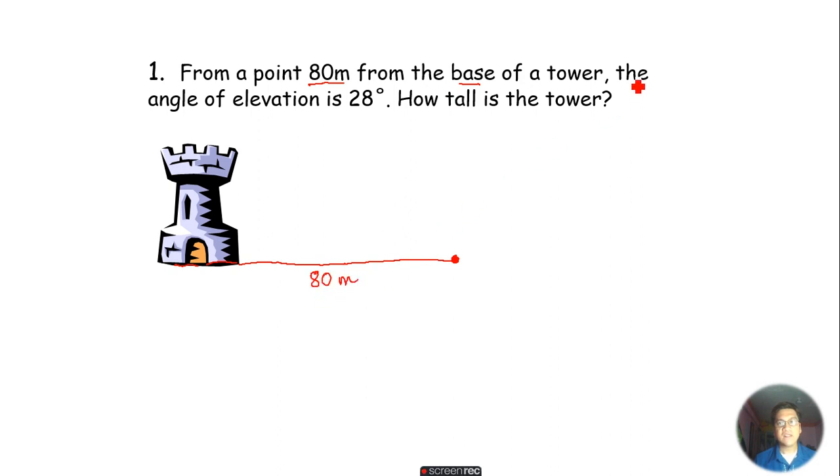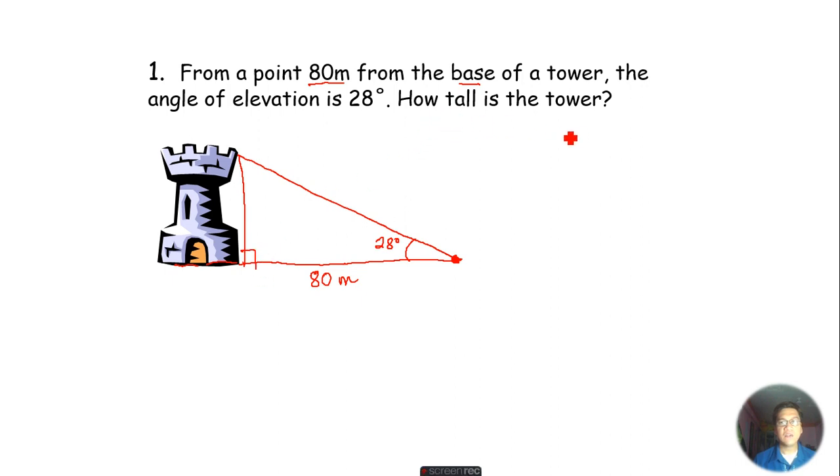Now it is also said that the angle of elevation is 28 degrees. So from this point, going up, let's just draw a line. Going up, the angle of elevation is 28 degrees. So this is our 28 degrees. Now we have formed already a right triangle.